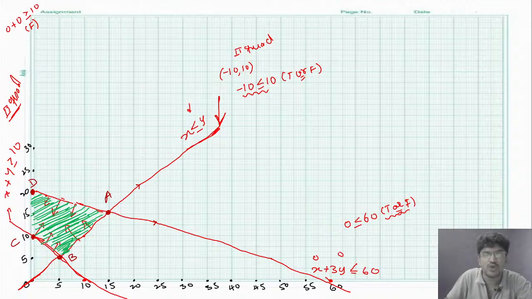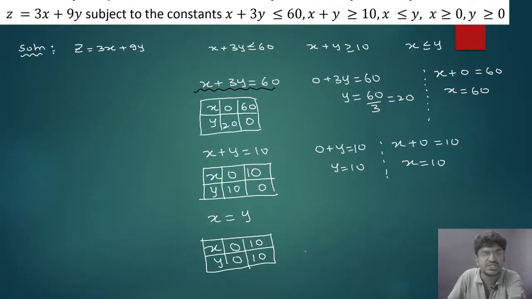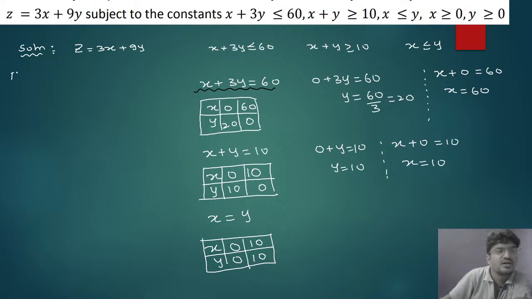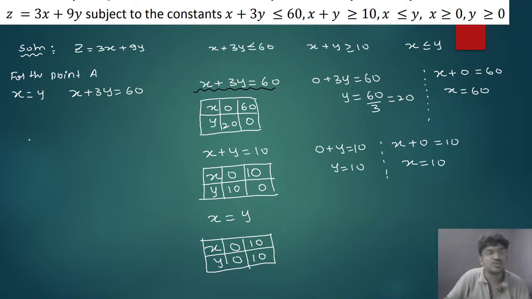So for point A, I have to solve x equal to y and x plus 3y equal to 60.